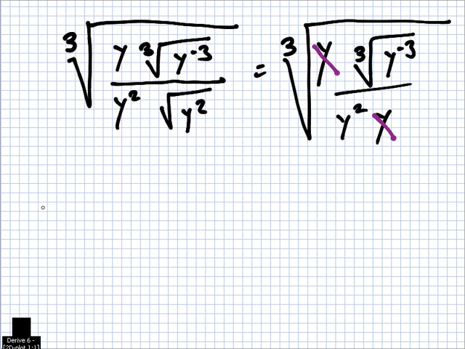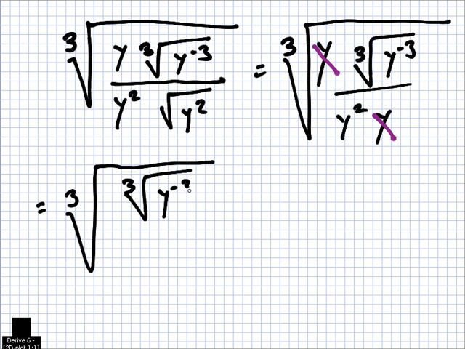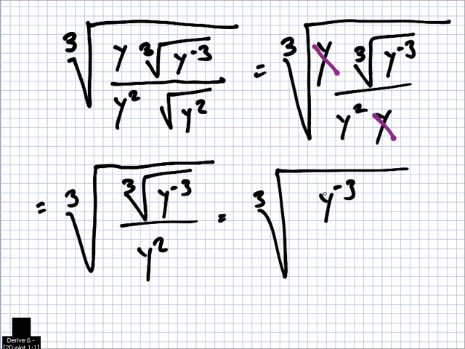So now I have cube root y minus 3 as a power over y squared. Alright, now it's getting a bit more interesting. That is cube root y minus 3 power 1/3 over y squared.